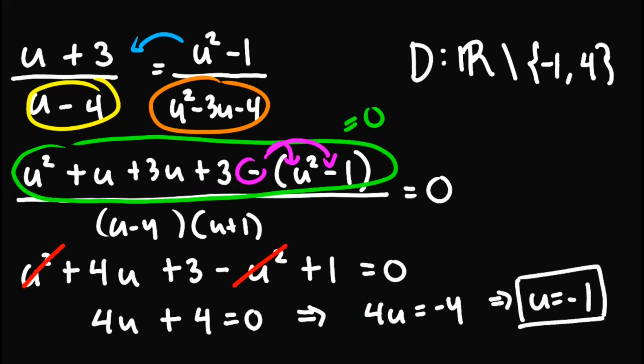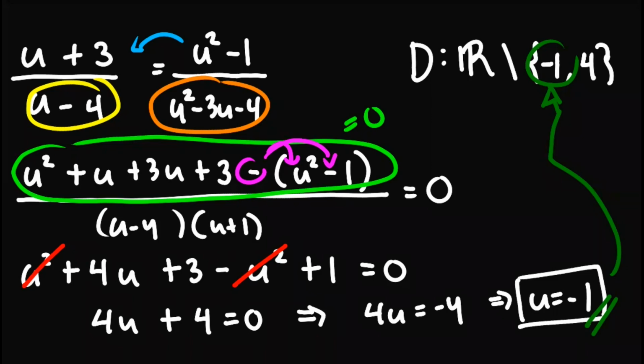The question is, is this the answer for this problem? Note that u equals negative 1 is not part of the domain. See, we excluded negative 1 out here, since that would make the equation that we have above to be undefined.